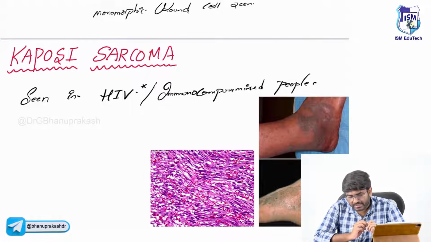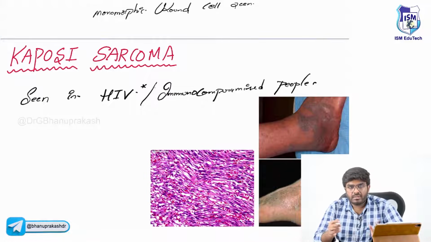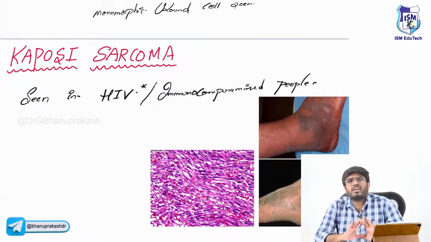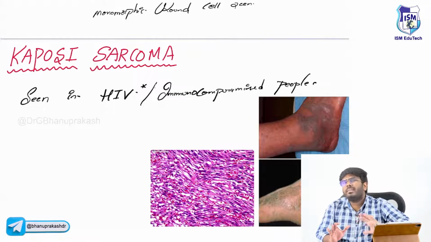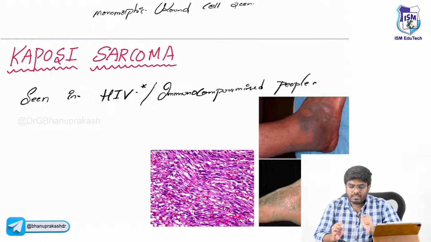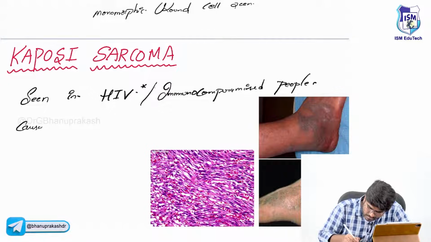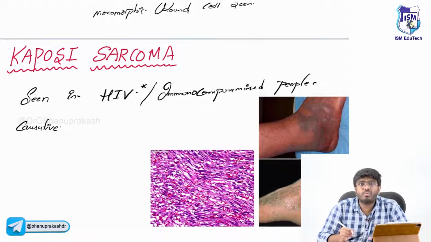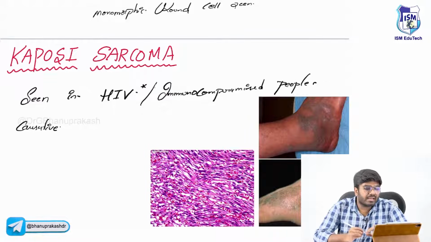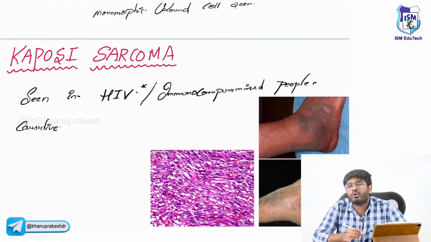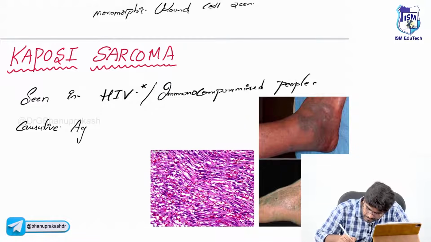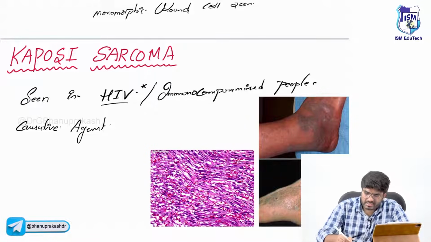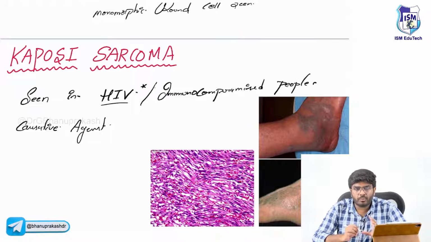Now my question to you is, what is the causative agent? It's a cancer, almost an intermediate tumor. But what is the causative agent? It is associated with a virus. A virus is going to cause this problem. Do you think HIV virus is causing this tumor of the blood vessels, Kaposi's sarcoma?